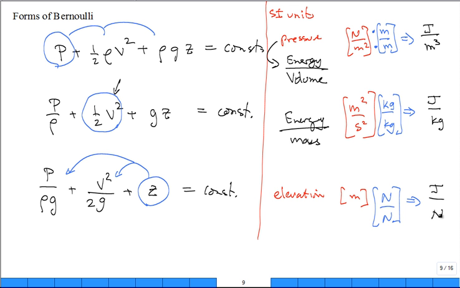All right, so let me try a different approach, because I think it'd be more useful if you discovered it, right? Instead of me just telling you everything. How did you move from this equation to that equation? I took the whole equation and I divided by rho, right? What is rho? Mass density.